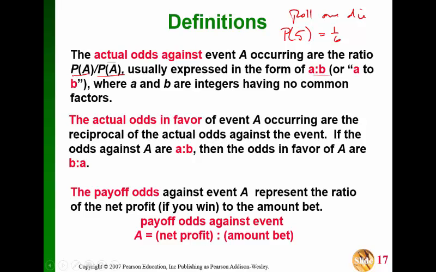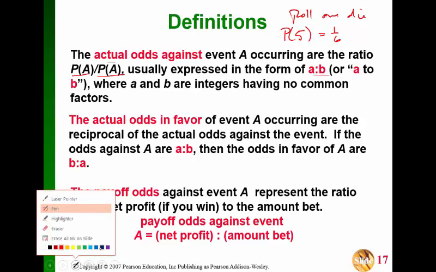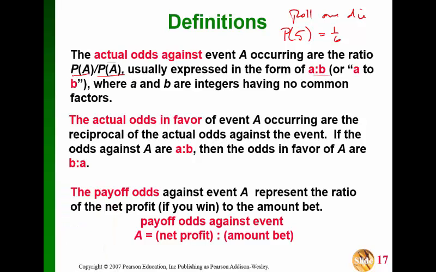So the probability of rolling a 5 is 1 out of 6. What's the probability of rolling something else aside from a 5? So I put 5 with a bar on top here. That'll be 5 out of 6.